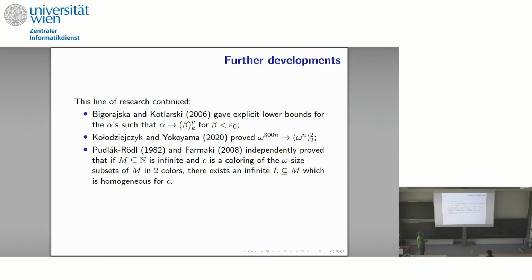Here is a case of the infinite Ramsey theorem. What is new, which is different from here, is that here we have p, which is a natural number, and here we have even 2, which is a natural number. I hope you all agree. And here instead they are coloring omega-size subsets of M, but M is infinite.